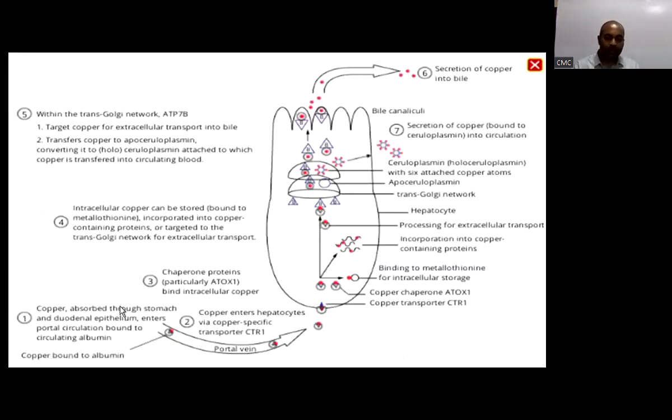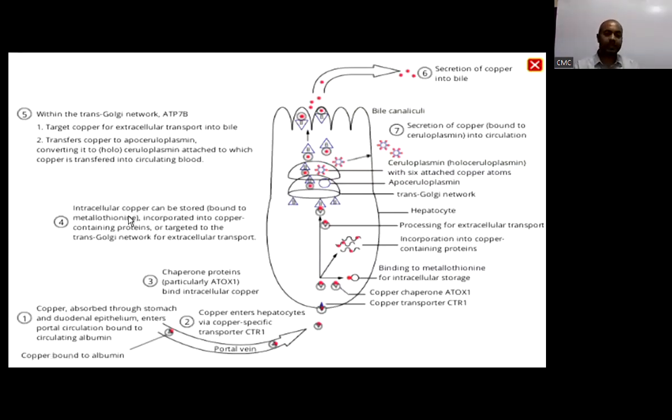Copper absorbed through the stomach and duodenal epithelium enters the portal circulation bound to circulating albumin. Again, it enters the hepatocytes via the copper-specific transporter CTR1. The same chaperone protein, ATOX1, binds intracellular copper.